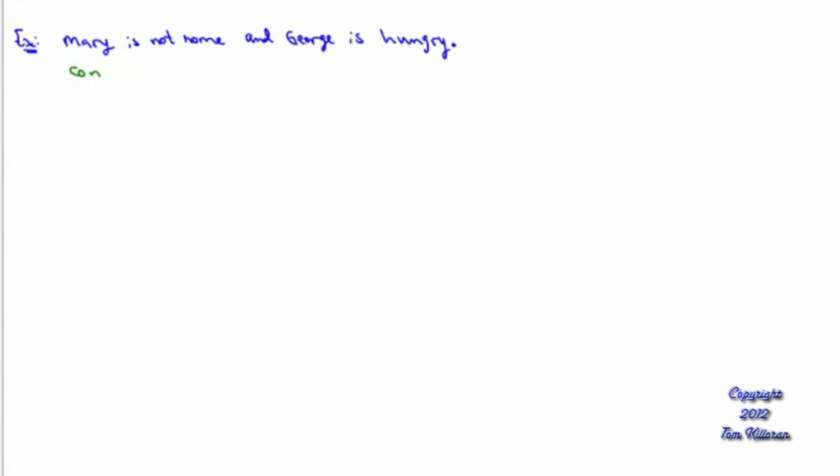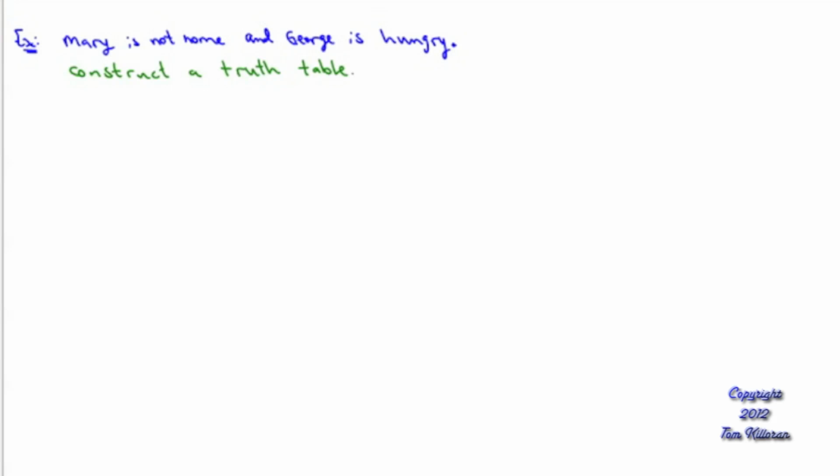Construct a truth table. Now, is Mary home? I don't know. I have no clue if she's home or not. Don't assume that what I've written is true, because it could be false. Is George hungry? We don't know. He could be hungry or he doesn't have to be, but it's either true or it's false.